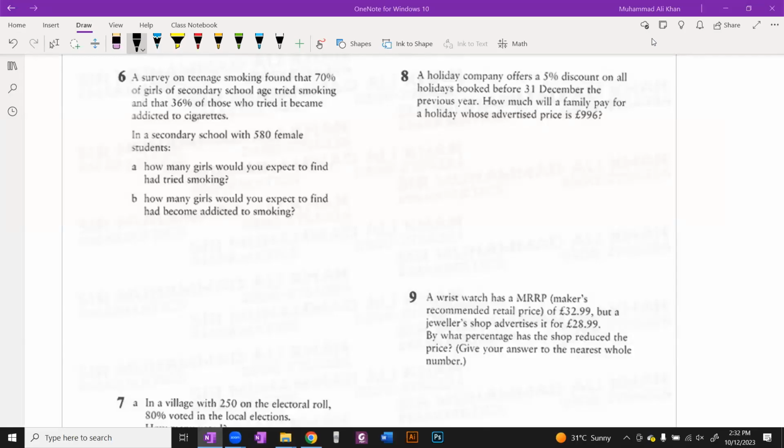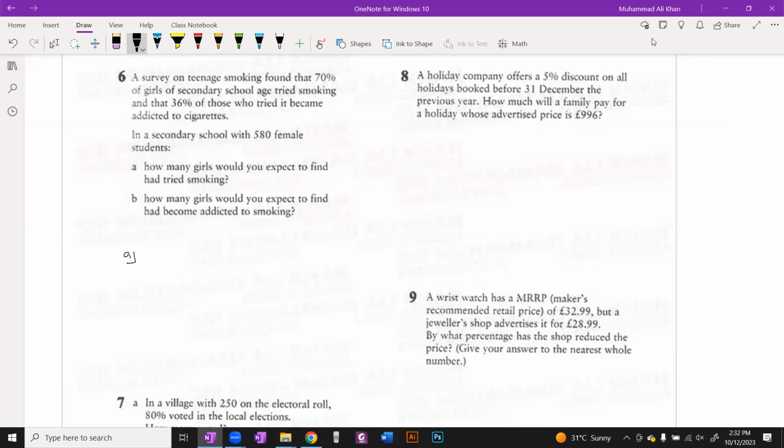Now, a survey on teenage smoking found that 70% of the girls of secondary school age tried smoking. 36% of those who tried it became addicted to cigarettes. In a secondary school with 580 female students, how many girls would you expect to find had tried smoking?